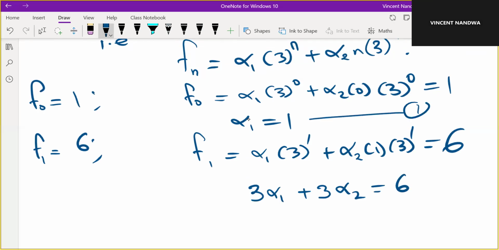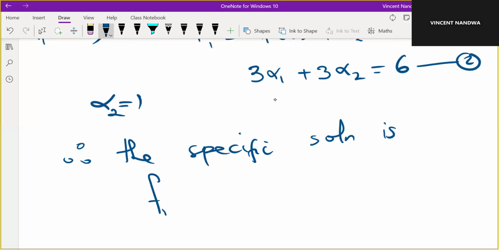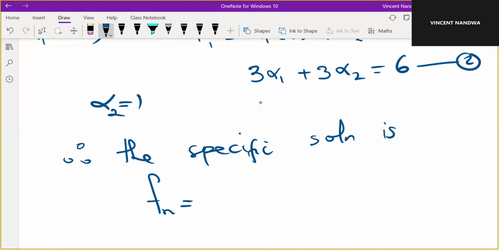So remember this equation 1, this equation 2. Can you use equation 1 to solve for alpha 2 if alpha 1 is 1? Alpha 2 equals 1. So therefore the specific solution is Fn equals alpha 1, which is 1, times 3 power n, plus alpha 2 n 3 power n.